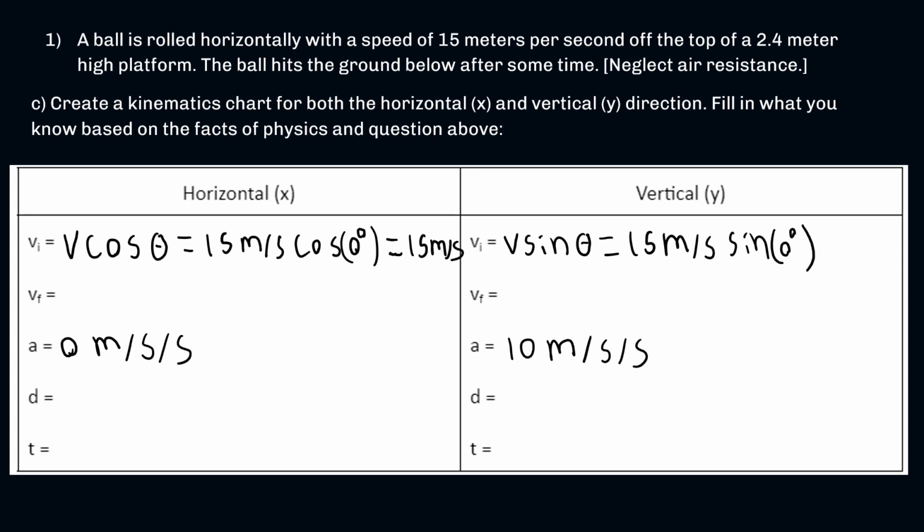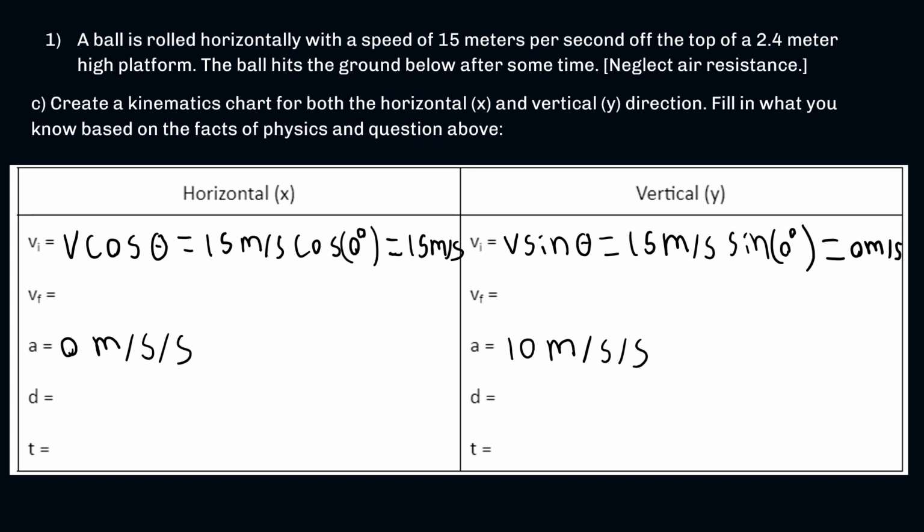It's a horizontally launched projectile. And then if you know that sine of 0 is 0, you can do that, or just to make sure, you can plug it into your calculator, and sine of 0 is 0. So anything multiplied by 0 is going to be 0 meters per second.